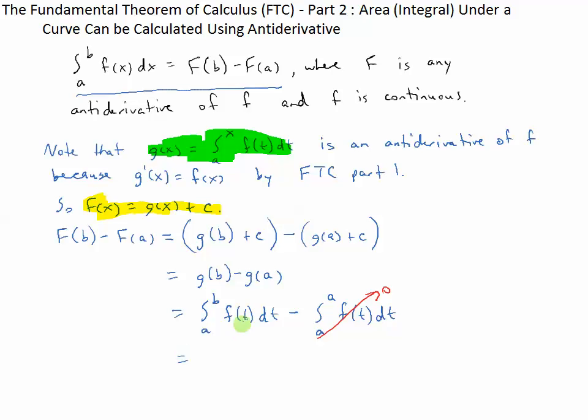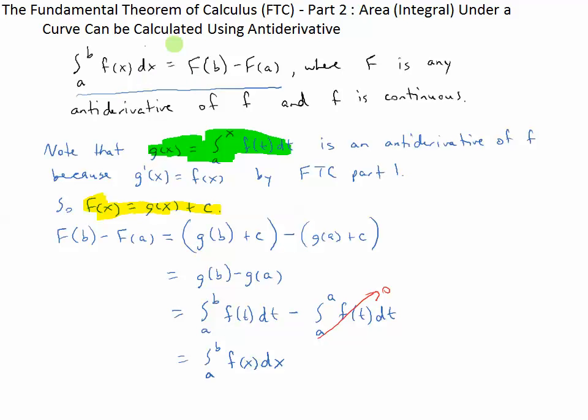And as I mentioned before, the variable with respect to which we integrate is irrelevant. So let's just make it look exactly like this now, which I can do because I don't have a t or an x on the upper or lower limits of integration. So from a to b of f of x dx.